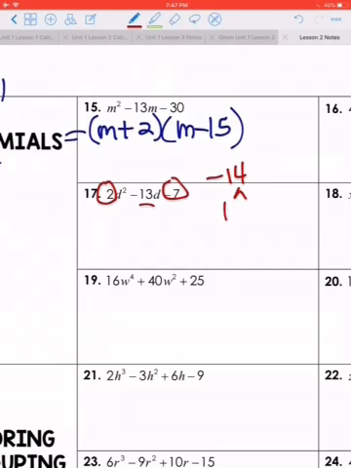So it's obviously going to be 14 and 1. And I want a negative 13, so that would be a positive 1 and negative 14. Okay, and the hard part is that I can't just say d plus 1, d minus 14, because the 2 is with the d squared.